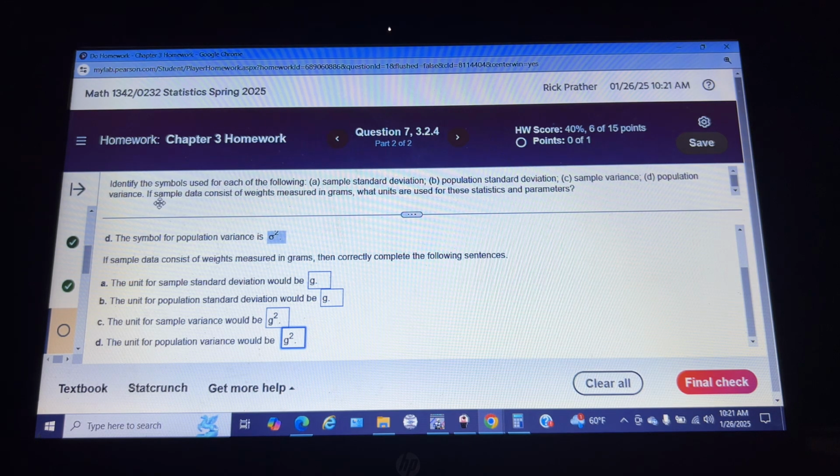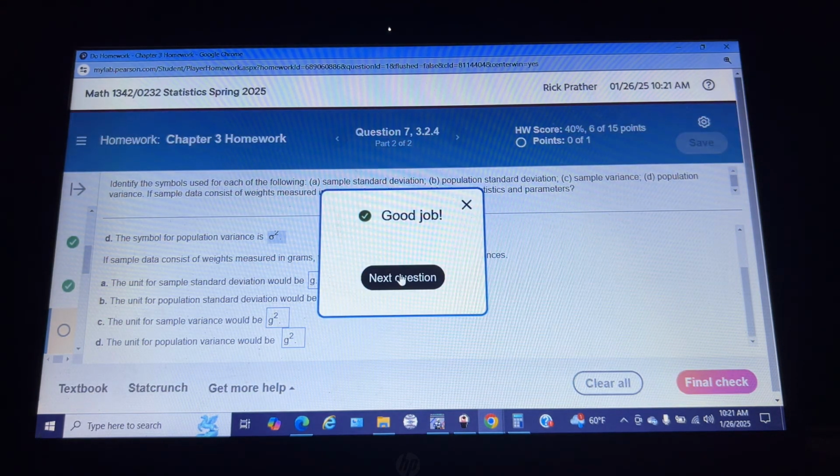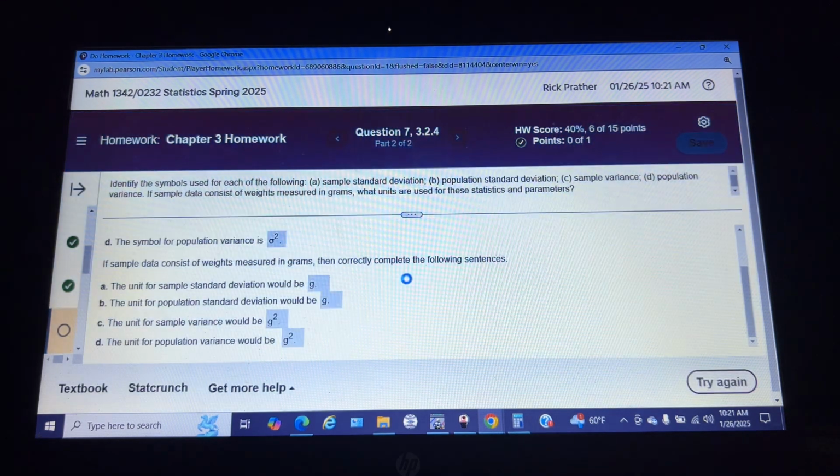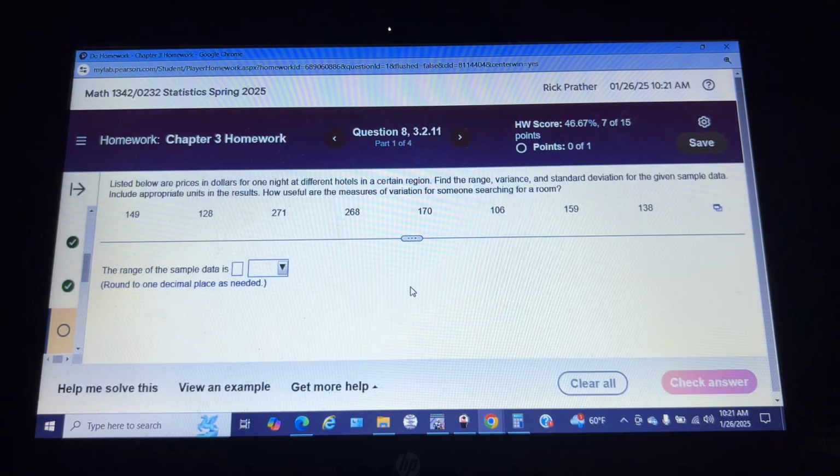Weights measured in grams, okay. That kind of makes sense, just like in geometry, how the diameter or the side of a figure is regular units, but if you do area, it's squared, so then you get square units. We don't put units into answers too often, so that's not a big issue on that second half of that problem. Okay, so now in number 8, we're going to do range, variance, and standard deviation all in the same problem.